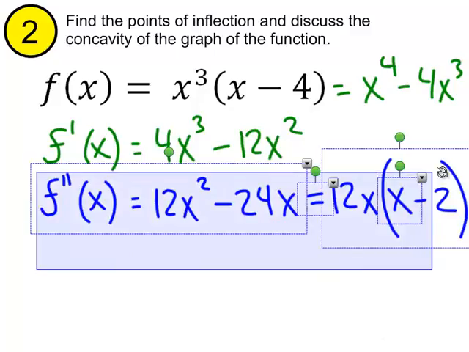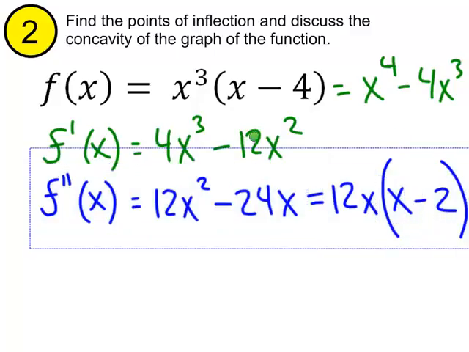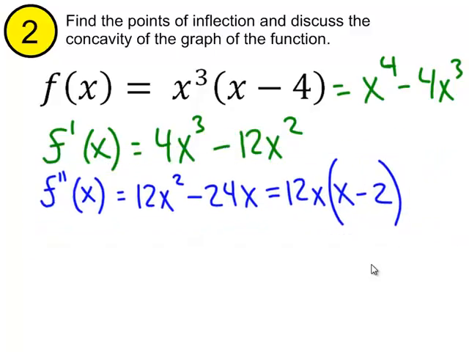That is what I will now set equal to 0, given the task that we were told to perform here. That's what I'll set equal to 0, or undefined. And we'll go ahead and solve for that.